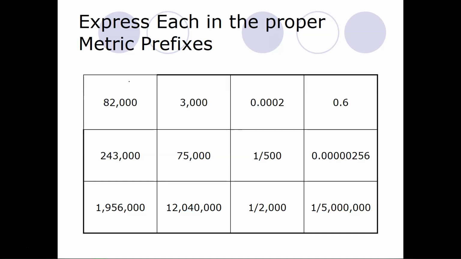All right, so at 82,000, what should be my metric prefix here? It should be 82 kilo or 82K. And the same should kind of go for this guy too. That should be 3K. So what about this guy?